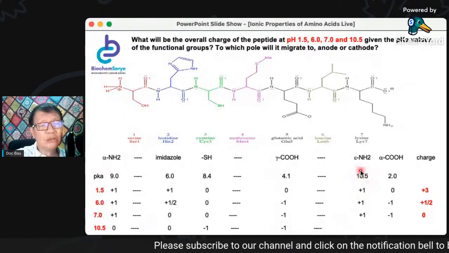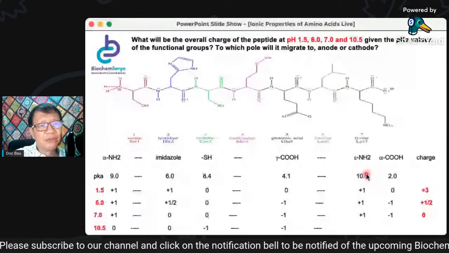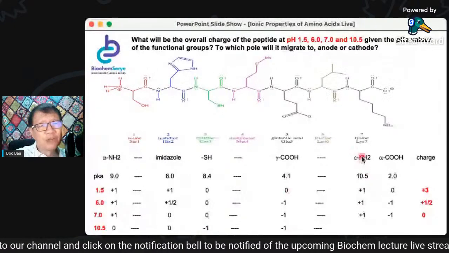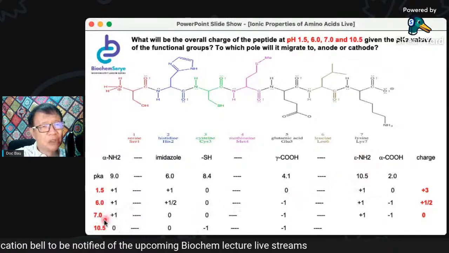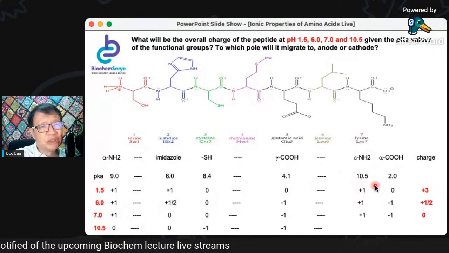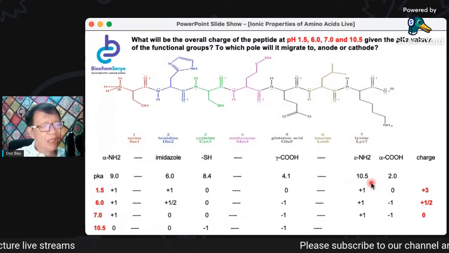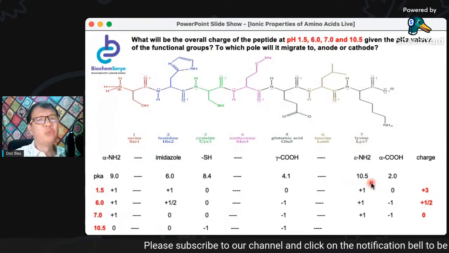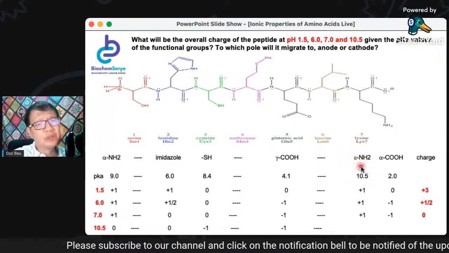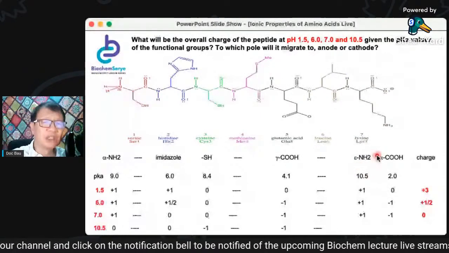Here again, look closely. The pH is 10.5. The pKa of your epsilon amino is 10.5. The pH is 10.5. So what do we see? The pH is coincidental with your pKa. So you have 50% of the protonated NH3 positive and 50% of the deprotonated NH2.